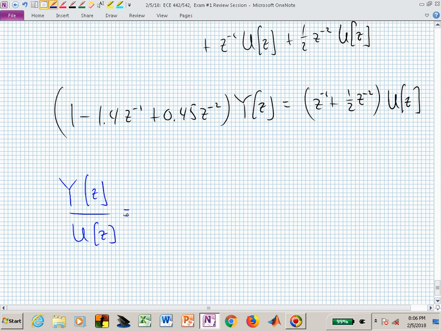The transfer function is output z transform over input z transform, y over u. That's g of z. That's now z to the minus 1 plus 1/2 z to the minus 2 over 1 minus 1.4 z to the minus 1.